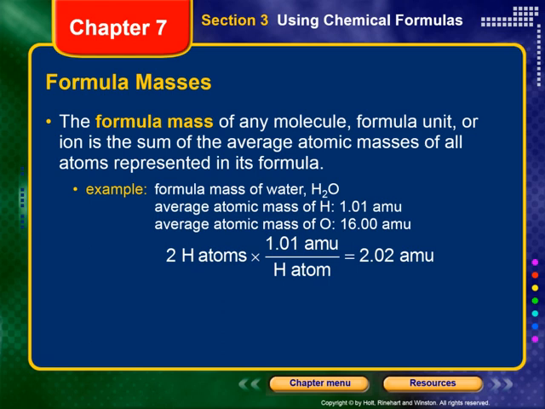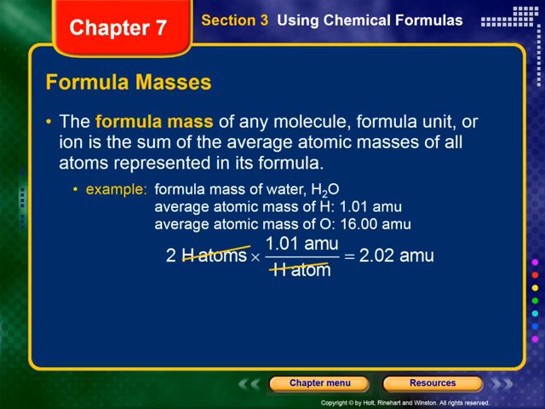Now, if I'm going to calculate the formula mass of water, I need to take into account that there are two hydrogen atoms. And so I'll simply take two hydrogen atoms and convert out of atoms into AMU using a conversion factor in the exact same way I've done in past chapters. This will allow the atoms of hydrogen to cancel, leaving only AMU.